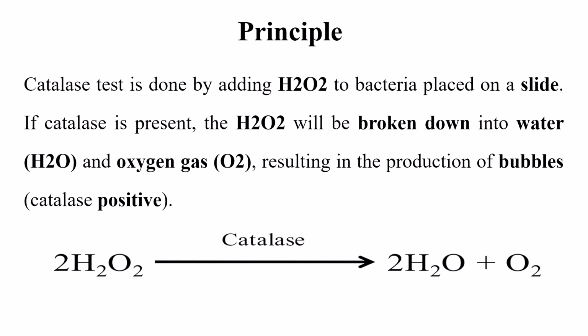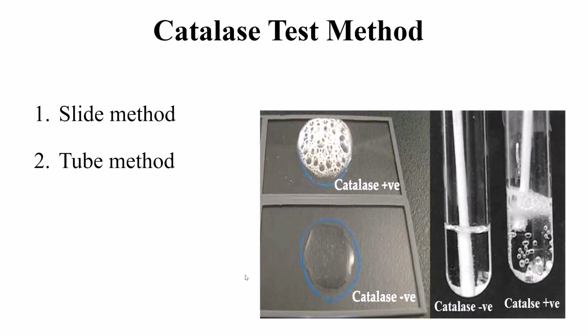If we have bubbles after mixing the bacteria with H2O2, it means it is catalase positive. But if we don't have bubbles, the bacteria cannot produce catalase enzyme. This is the equation of the reaction: two molecules of H2O2, in the presence of catalase enzyme, change to two molecules of water and one molecule of oxygen gas.